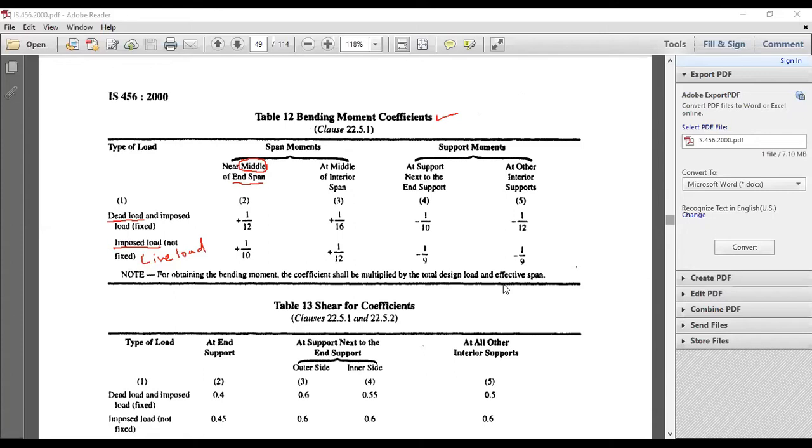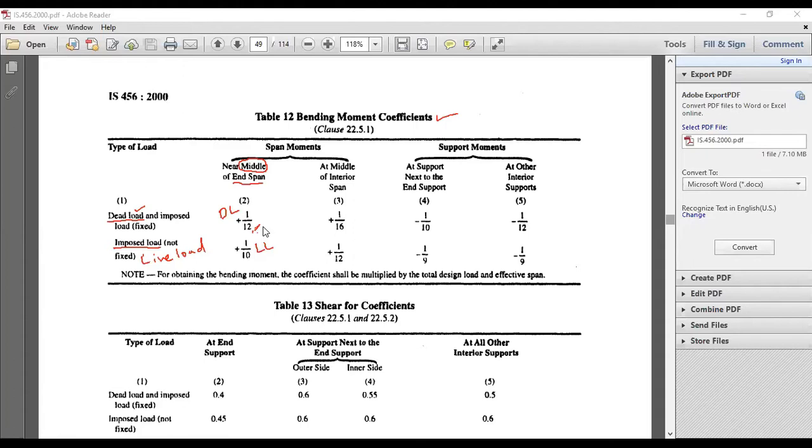At the center of the end span, what is the coefficient? It is 1 by 12 for dead load and 1 by 10 for live load, and it is plus. So the coefficient is plus 1 by 12 for dead load and plus 1 by 10 for live load.